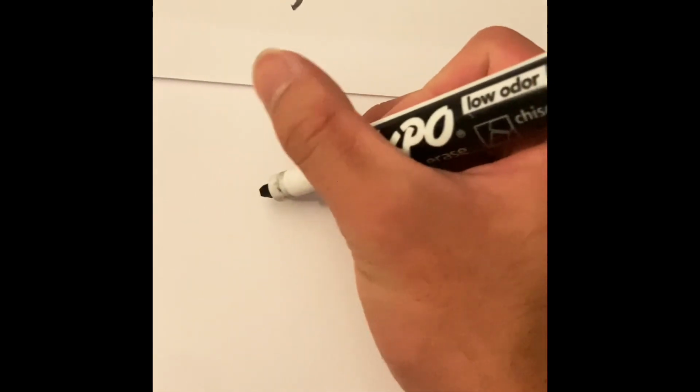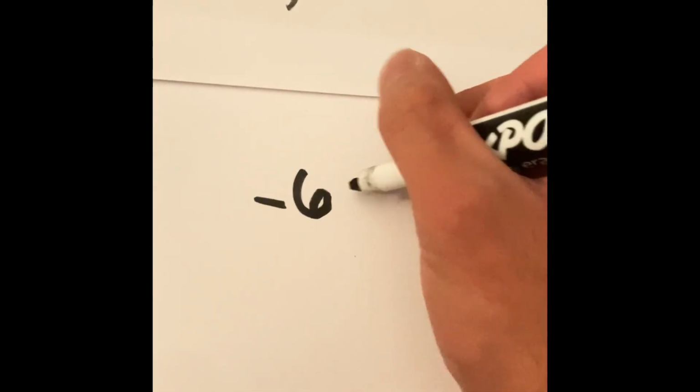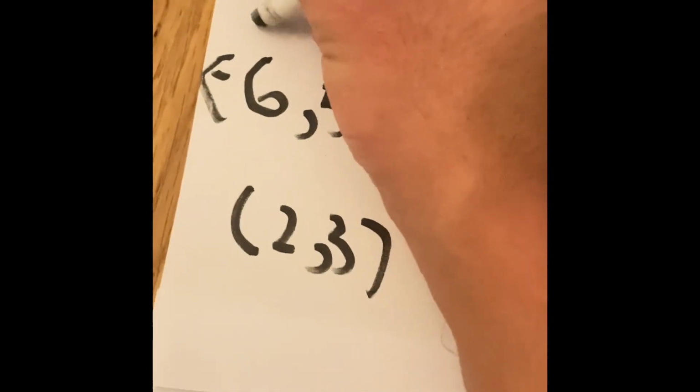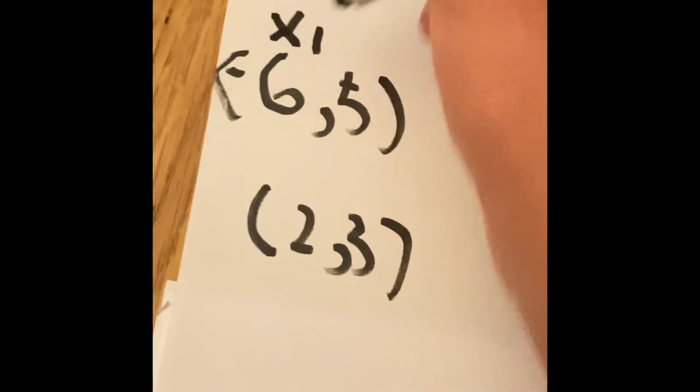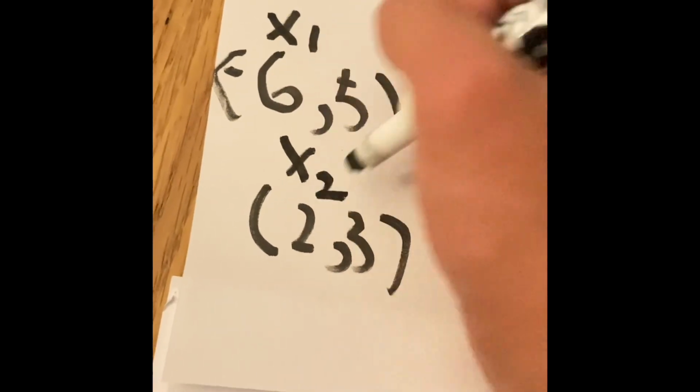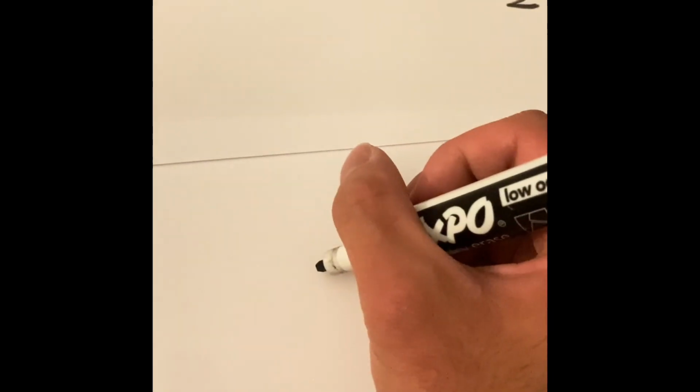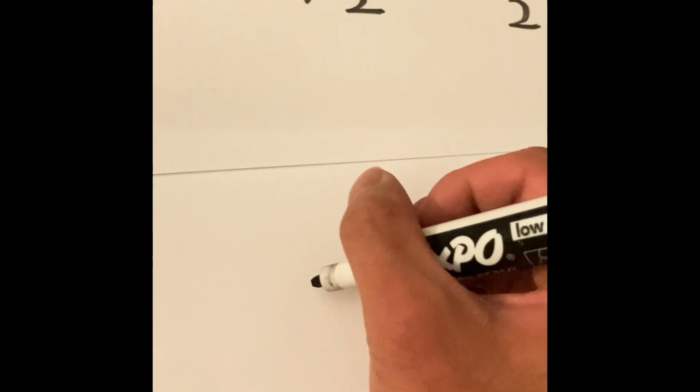So we can say -6 plus 2. That's because here's the first x, and here is the second x. Then we have to divide by 2. On the other side, we have to do y1 plus y2 divided by 2.